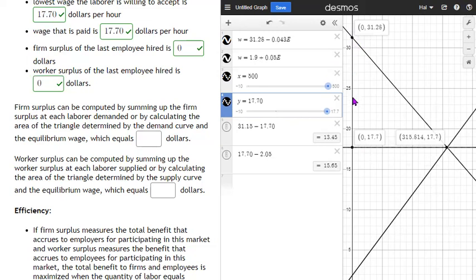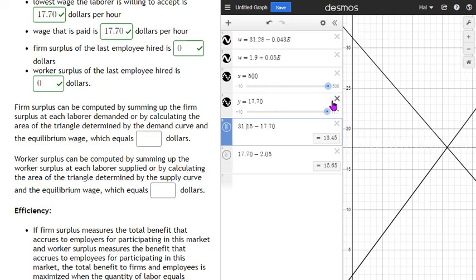Or the sum of the heights. You can sum up all these heights. There's going to be about 315 of these vertical heights. We can sum those, or we can just calculate the area of the triangle. So the surplus here is the height of this point. The intercept is 31.28.